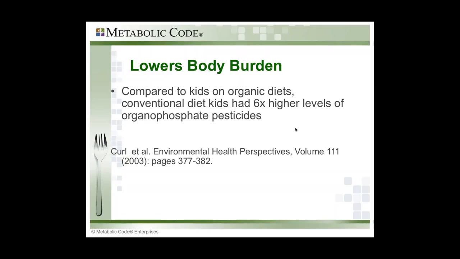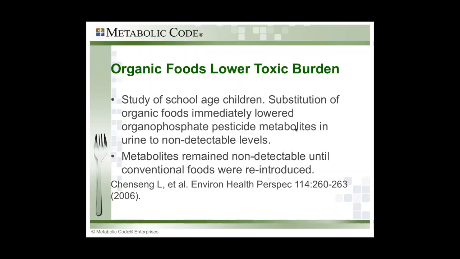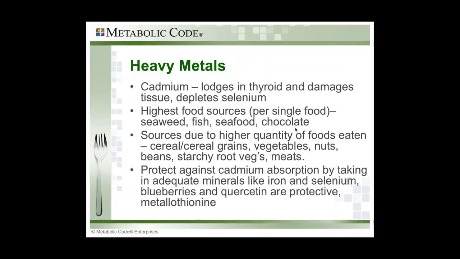And this is another one that showed when they removed the conventional foods and had children eat just organic, the organophosphate pesticide metabolites in urine went down. So it does show that taking those conventional foods out of the diet, those pesticide metabolites go down. So it does make a difference.